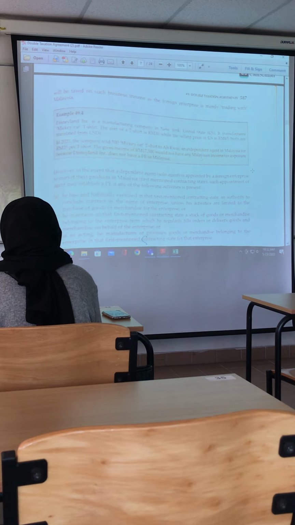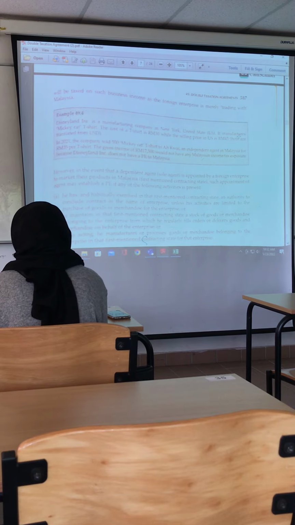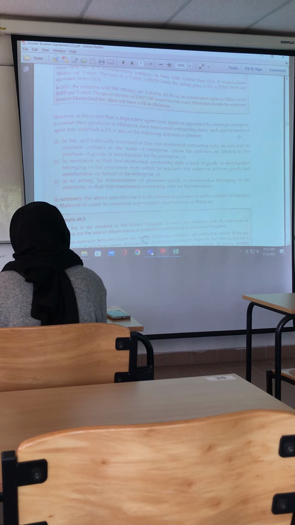No office, nothing, right? However, in the event that there is a dependent agent, so Ahquai tadi is an independent agent, but if the agent is a dependent agent, it makes a difference, right? A dependent agent is appointed by a foreign enterprise to market their product in Malaysia.